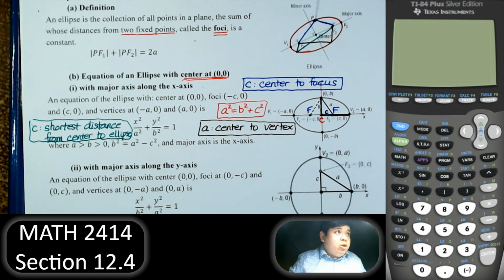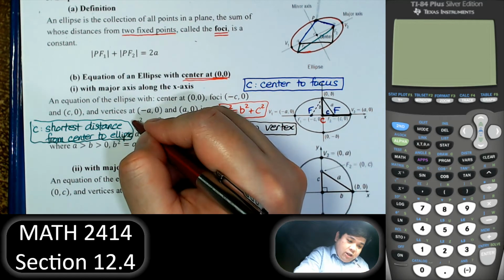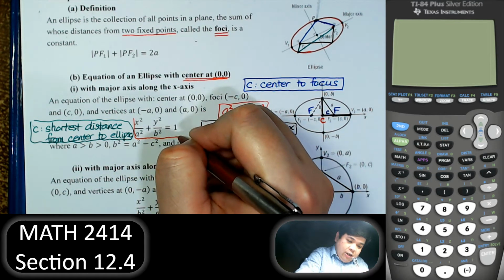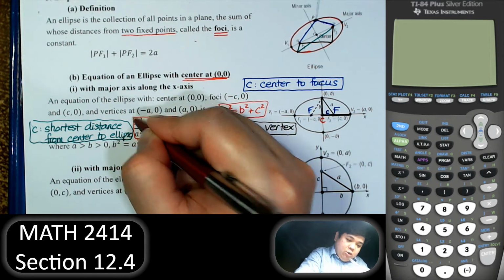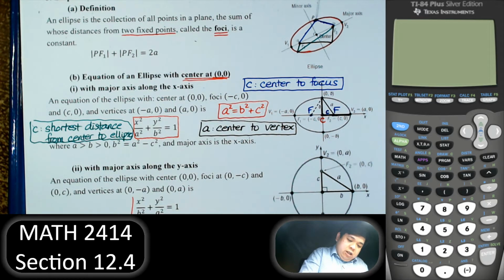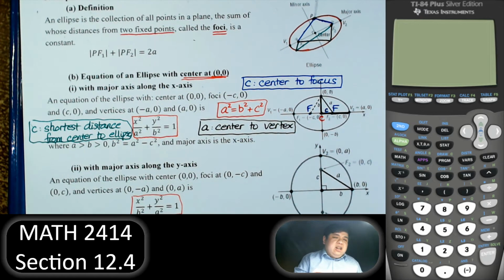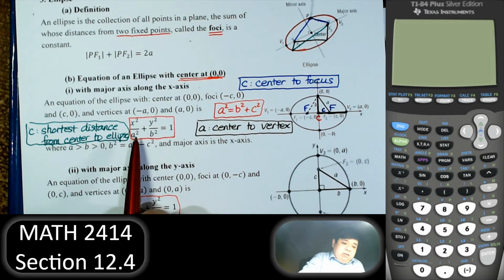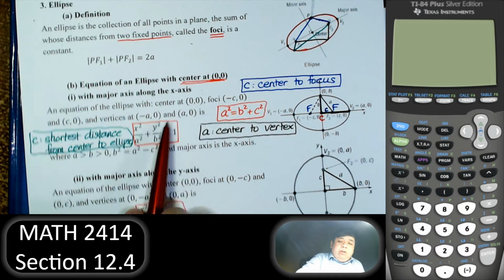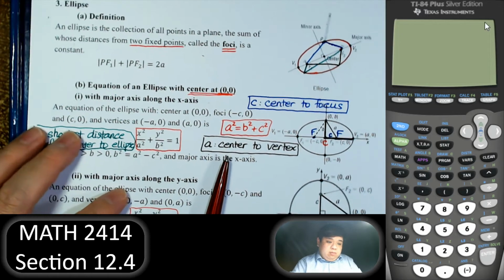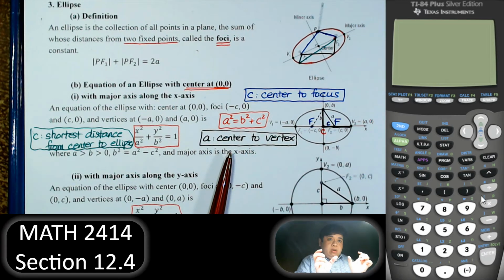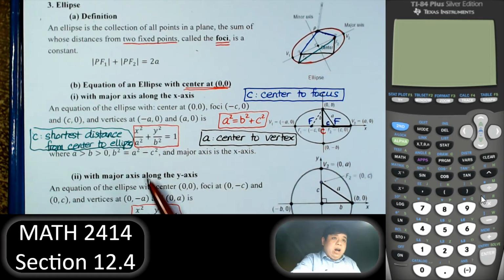And when we put them together, we have the equation x squared over a squared plus y squared over b squared, or this. It doesn't matter where we have a and b, but knowing that whatever is below the x is going to be horizontal, and whatever is below the y is going to be vertical, and then we graph.